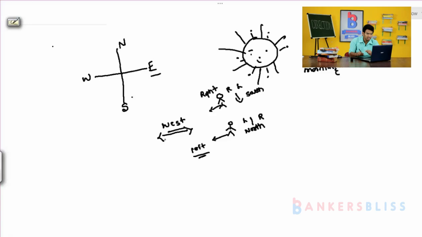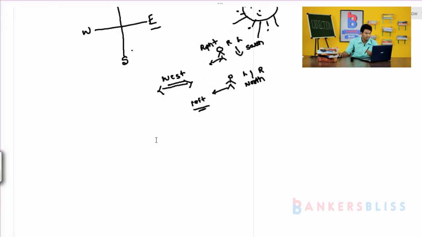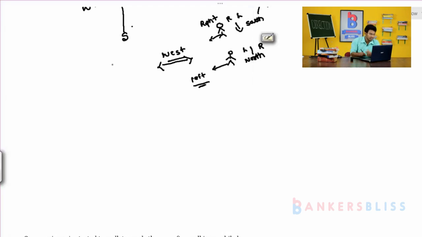Okay. Next, sunset. Go with the sunset. Sunset means, again I am drawing here. Okay, sunset. Here is sunset, the shadow is opposite, it means east.